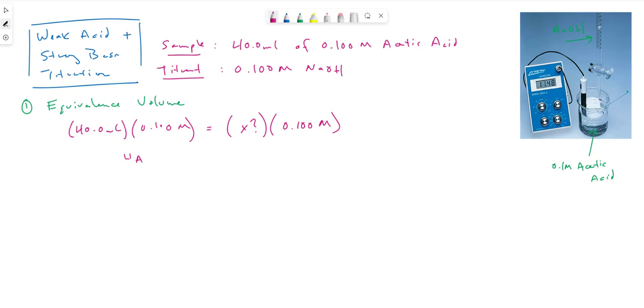And just like before, you notice that this is the same concentration, both in a 1-to-1 reaction. So solving this, X is going to be 40 mL. So we know that is our equivalence volume. We're going to store that away, and I'm just going to put it up here because that'll be useful in understanding where we are in that titration curve.